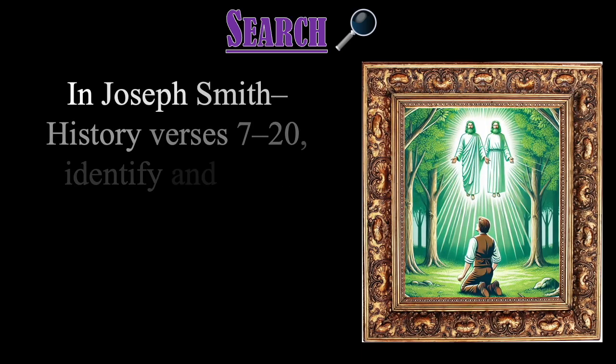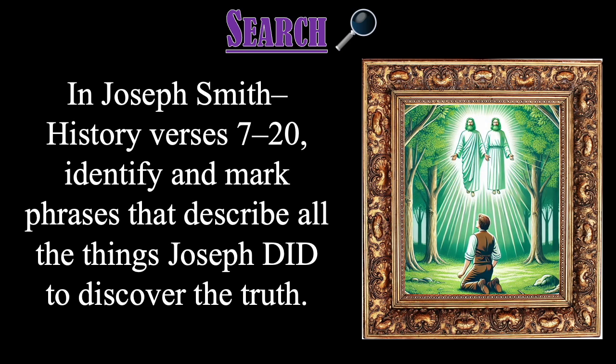The search activity is to challenge your students to go into Joseph Smith history, verses 7 through 20, and identify and mark the phrases that show what Joseph did to discover the truth. And that activity should cover the bulk of your time in teaching this lesson, as they pull out those actions.